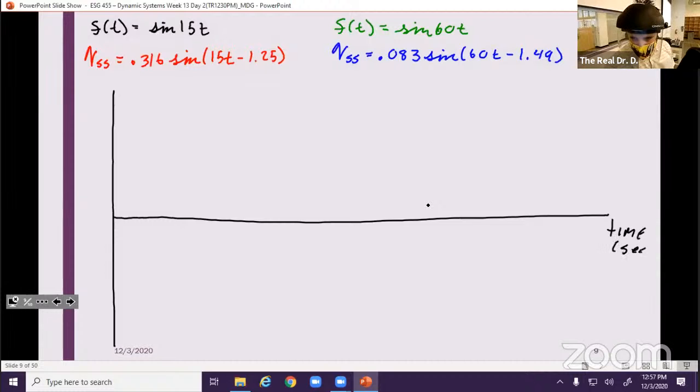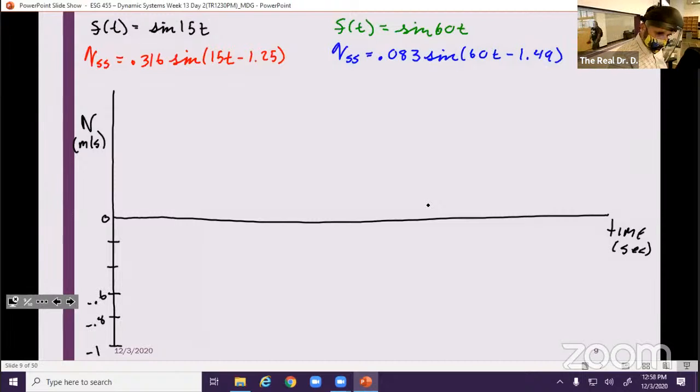Time in seconds, velocity in meters per second. That's 0. Negative 1, 0.8, 0.6, negative 0.4, 0.2.